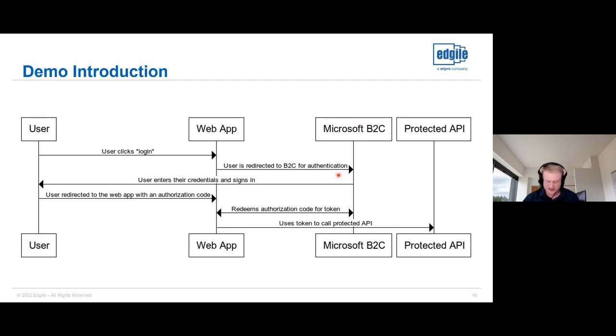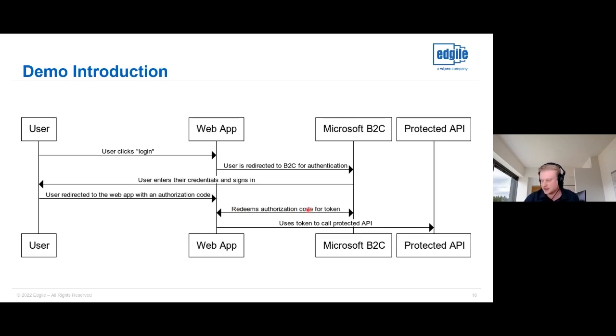At B2C, B2C will present its login form to them, and they'll enter their user credentials. Then at that point, they will be redirected back to the web app with what is called an authorization code. The authorization code is not in itself necessarily useful, but the web app can then redeem that authorization code for an access token.